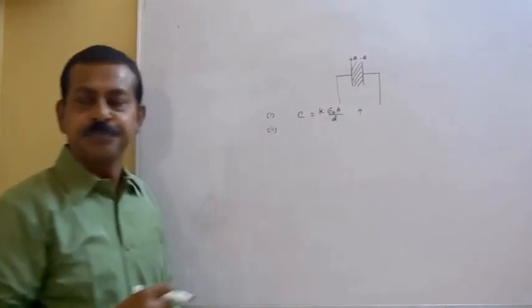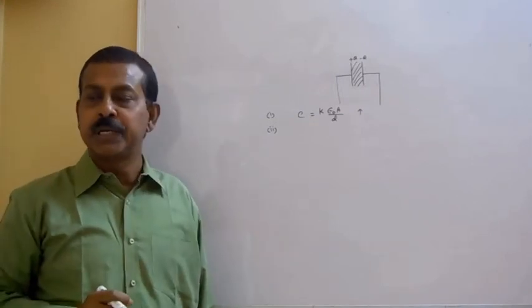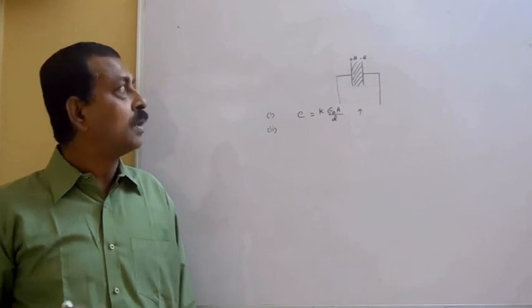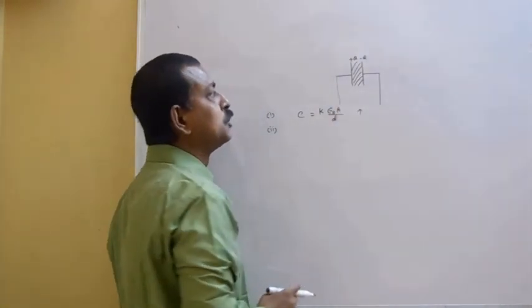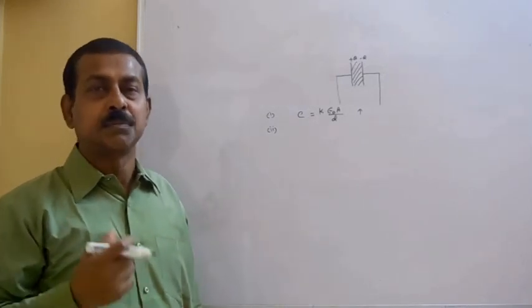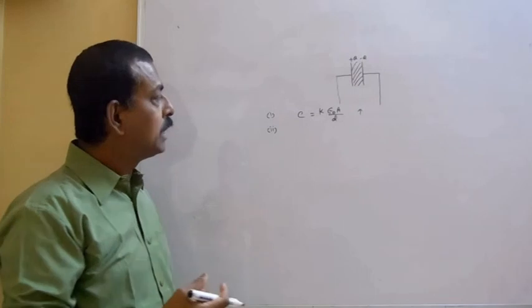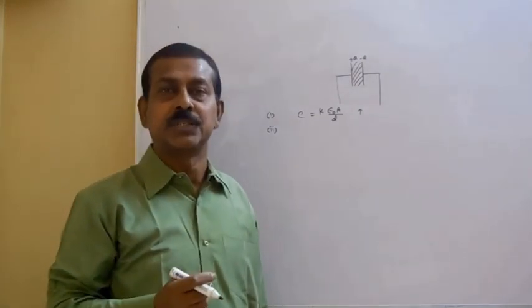Now second, what happens to the potential difference between the plates of the capacitor? You know that if a dielectric slab is used between the plates of the capacitor, then the electric field decreases.